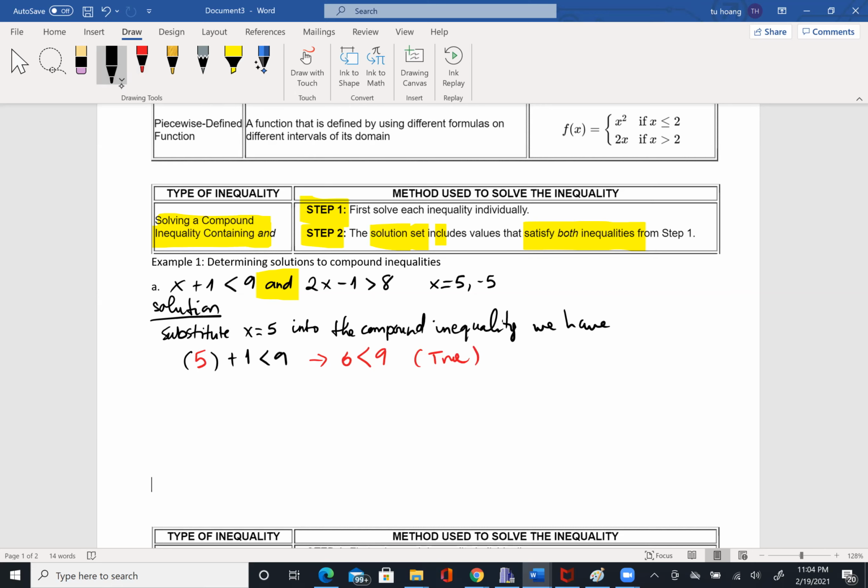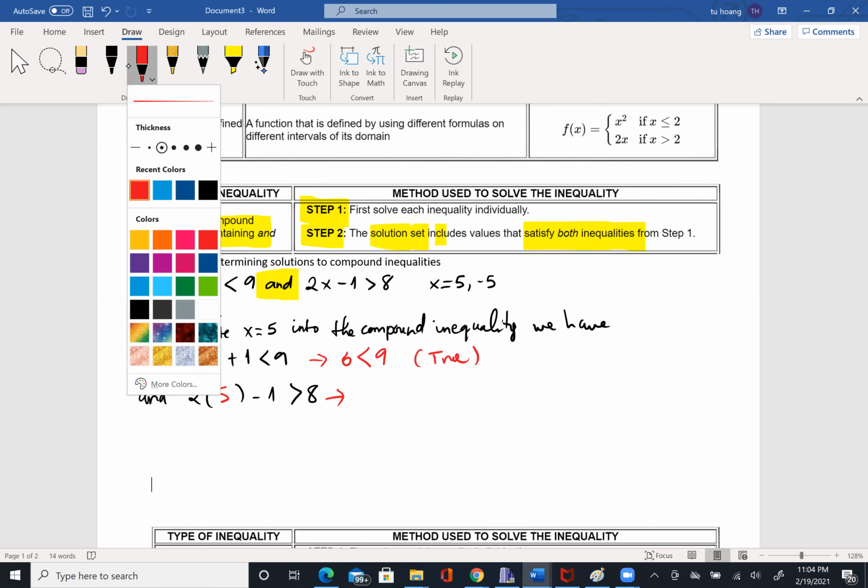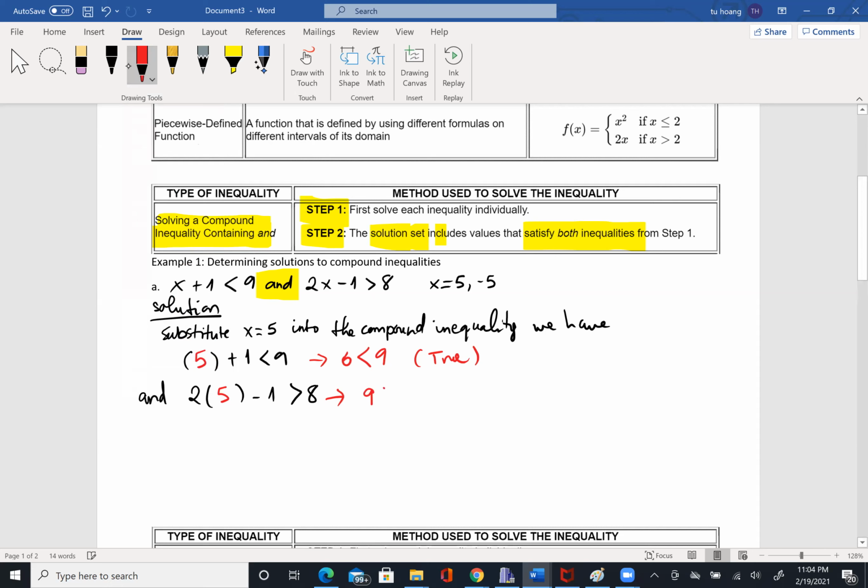What about the next one? And 2 times x minus 1 greater than 8. Okay, x now changes to 5, so I simplify it: I have 10 minus 1 equal to 9, which is greater than 8. Is it a true statement? Yes, it is.